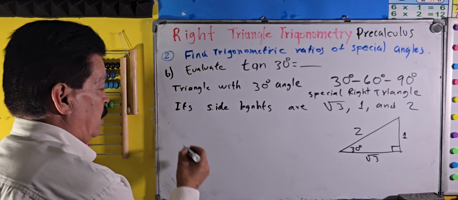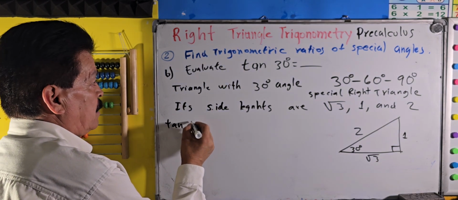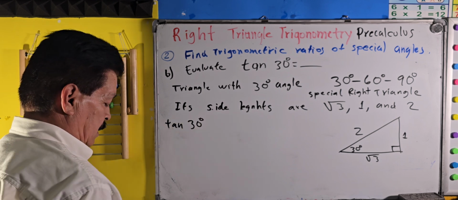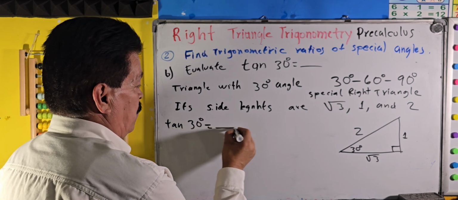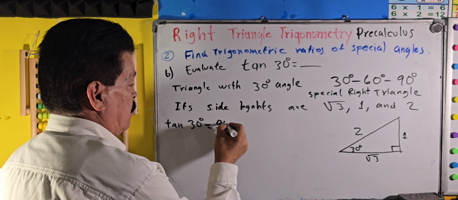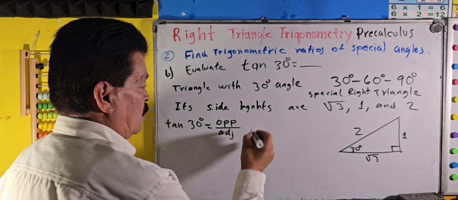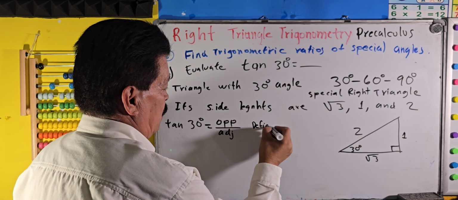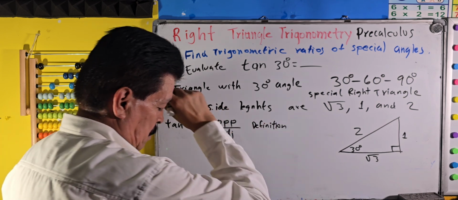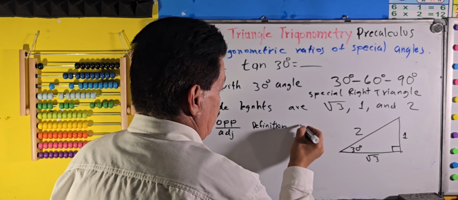All right. So the tan of 30 degrees is equal to, remember, the opposite divided by the adjacent leg. So this is the definition of tangent.